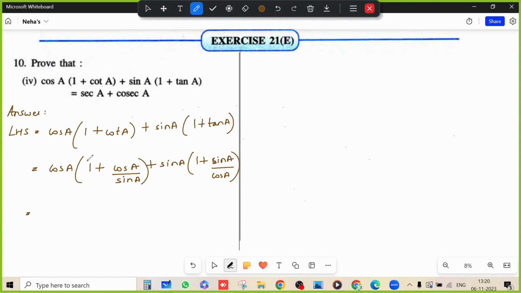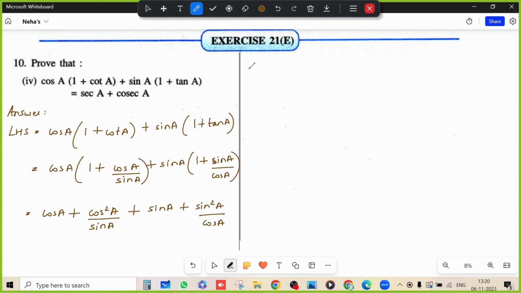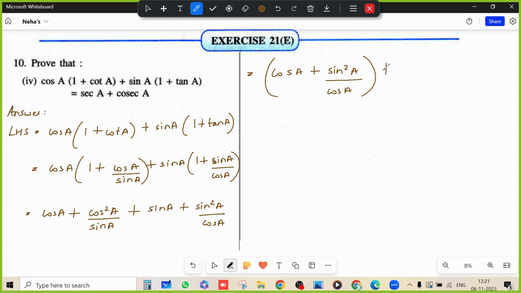Now, we will multiply cos A with the terms inside the bracket. So, this will become cos A plus cos square A divided by sin A plus sin A plus sin square A divided by cos A. Now, here we are going to rearrange the terms as cos A plus sin square A, that is the last term, are grouped together, and the middle two terms are grouped together.